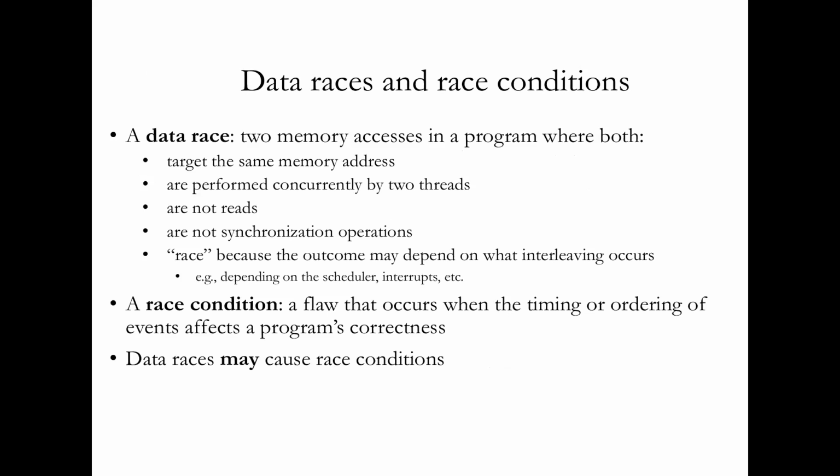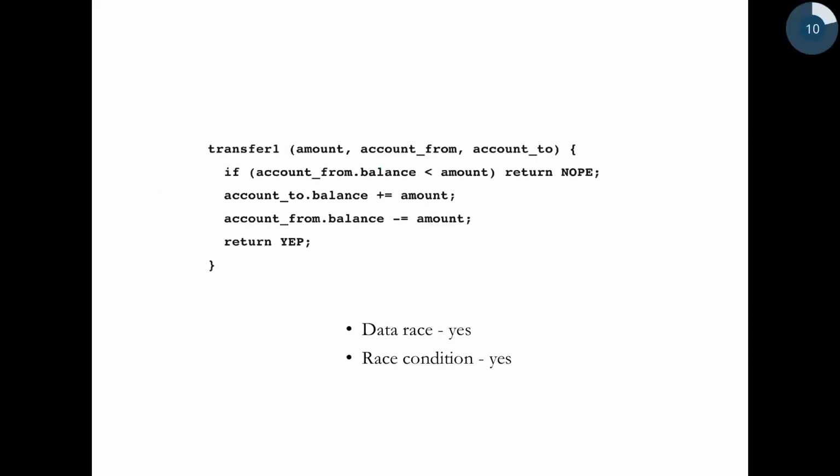Yes: account 2 and account-from, and we can have multiple transactions in parallel, so potentially multiple threads are running this and targeting the same memory address. They are not reads, since we add or subtract. They are performed concurrently, and there is no synchronization. So clearly there is a data race, because we update account 2 and account-from.